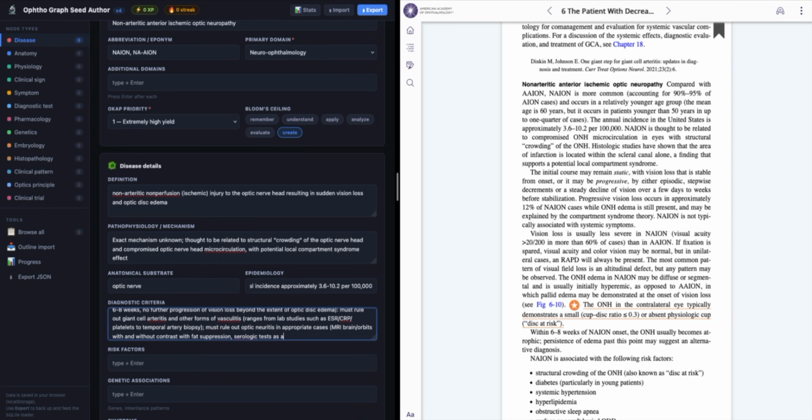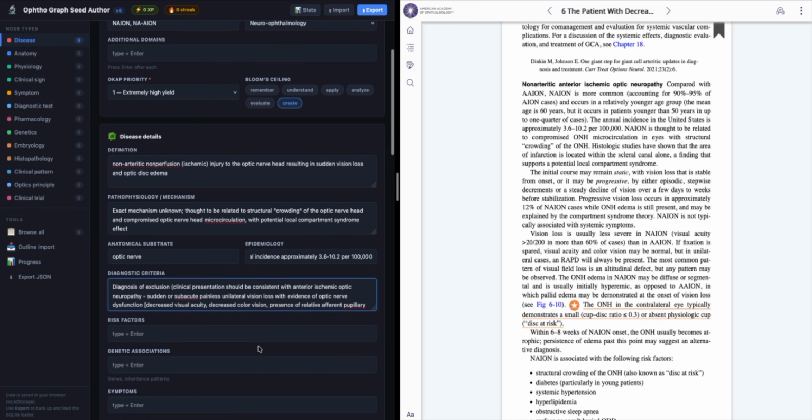Serologic tests as appropriate. Must rule out neuroretinitis in appropriate cases. Okay, and we'll get to some of those other things when we go to mimics and differential diagnosis and such. All right, so here comes the risk factors.